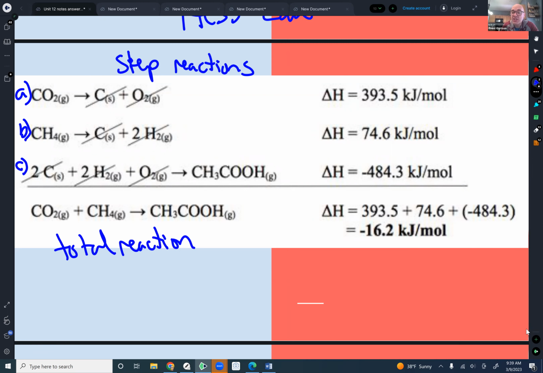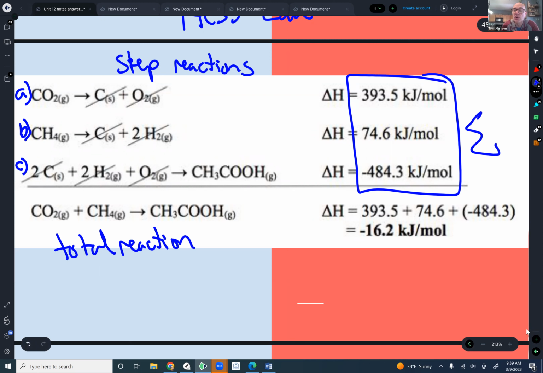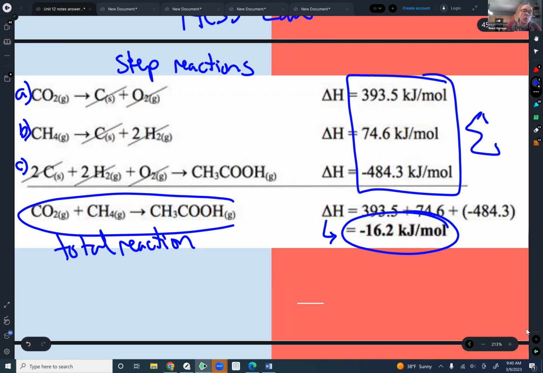So what I need to do is sum together all of those heat values, and I get my total heat here. This is my heat of reaction. It didn't matter that I took all those small step reactions to get to it. If I could do it all in one step, it would be the exact same value. Our goal will be to solve for that heat value.